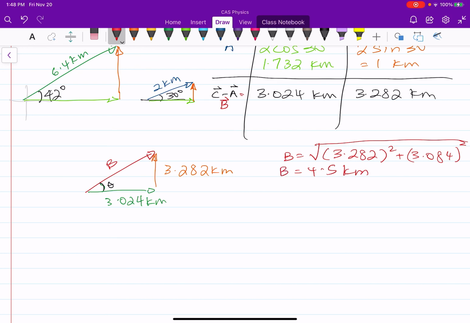And then theta is going to equal tan inverse of the opposite, which is 3.282, divided by 3.024.